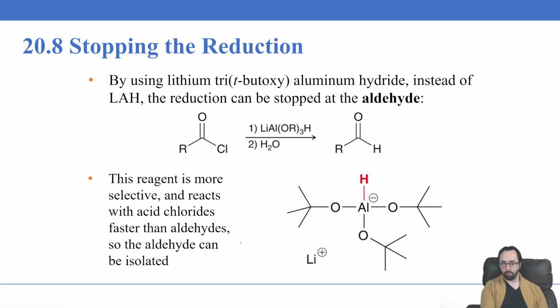This reagent will be more selective with the acid chlorides due to steric hindrance. It won't do a second attack here. Once this has been done, it's not going to go further, due to the steric hindrance.